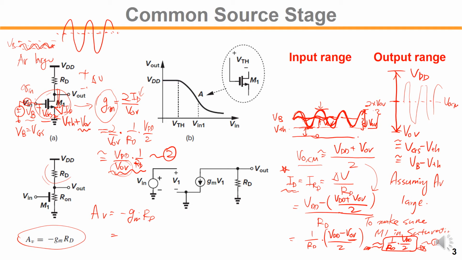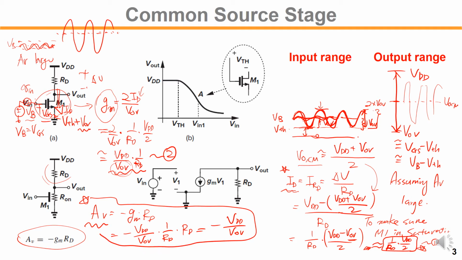So given by the second equation, GM is VDD over V overdrive times 1 over RD, that gives us RD, that leads us to VDD over V overdrive. So the gain of the common source amplifier can be approximated by the supply voltage divided by the overdrive voltage.